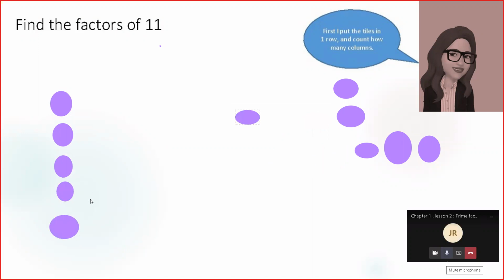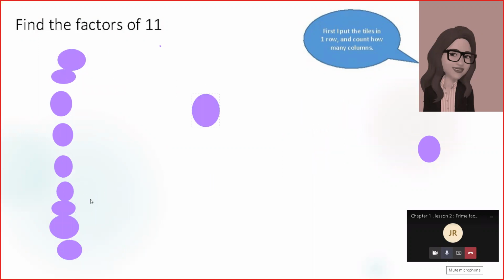Then here, how many rows do we have? 1 row. And how many columns do we have? 11. So who can give me another way to arrange number 11?